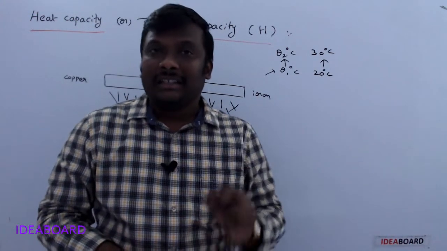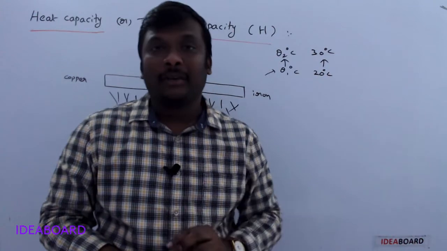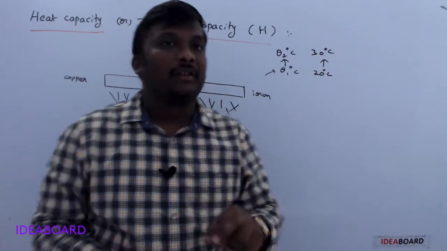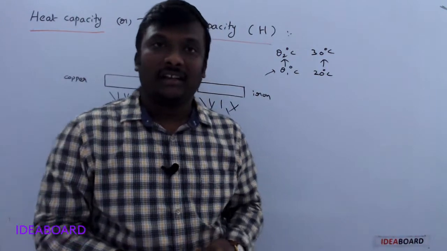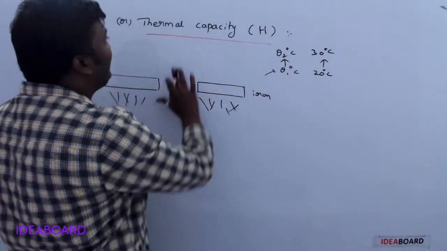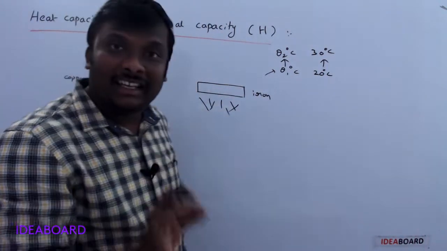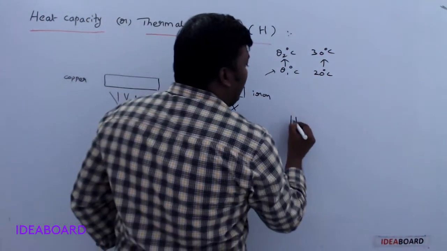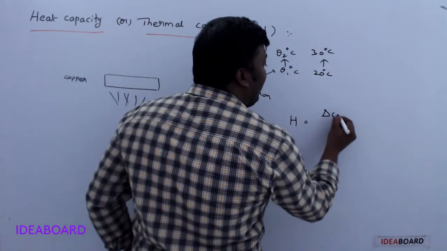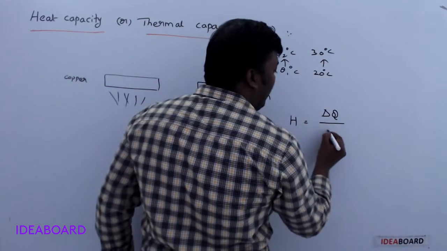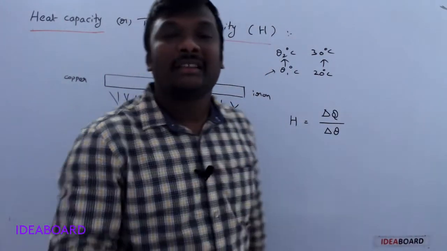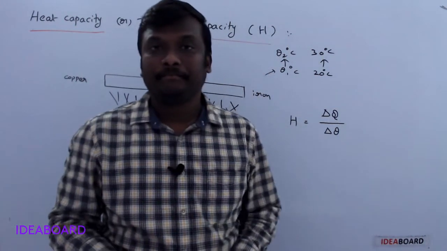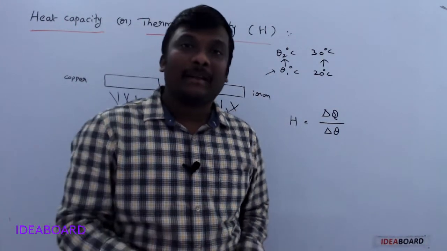That indicates the amount of heat absorbed is different for different types of materials. Right, so the heat capacity or thermal capacity indicates that the quantity of heat required per unit rise in temperature is called thermal capacity. Okay, what is thermal capacity?